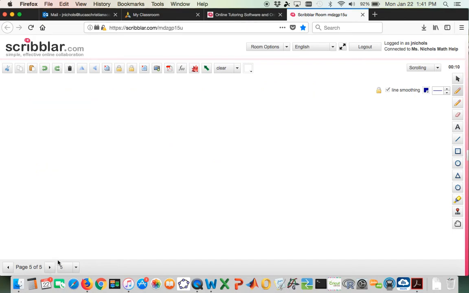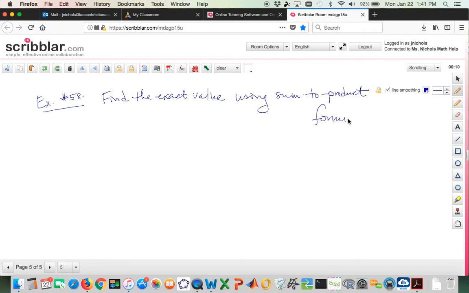Next example, example number 58. This asks us to find the exact value using sum to product formulas. They give us cosine of 120 degrees plus cosine of 60 degrees.